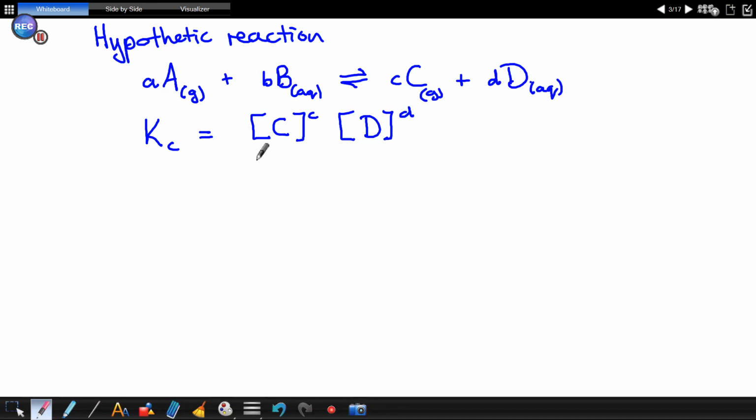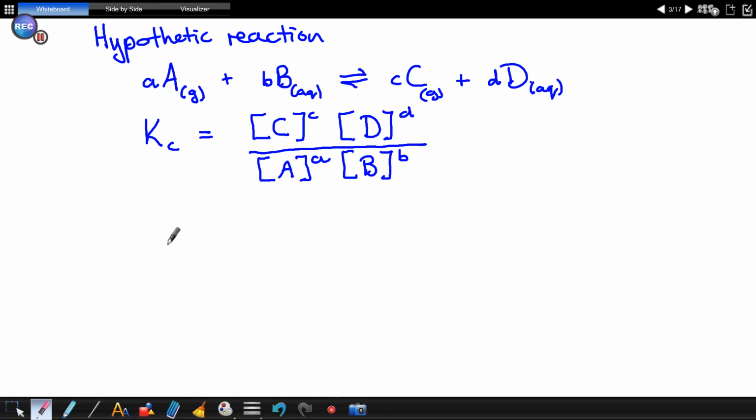So it's not just a simple, straightforward product, over the product of the reactants, and the coefficient becomes the power. C to the power of c.